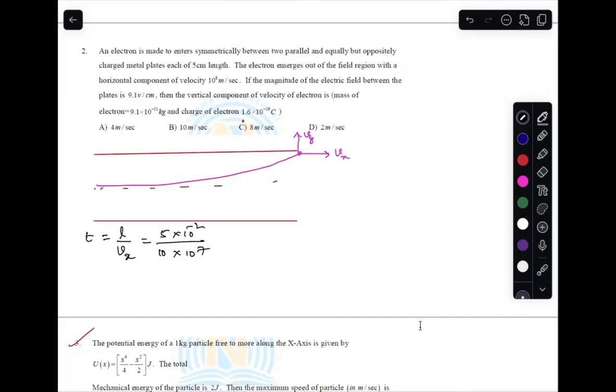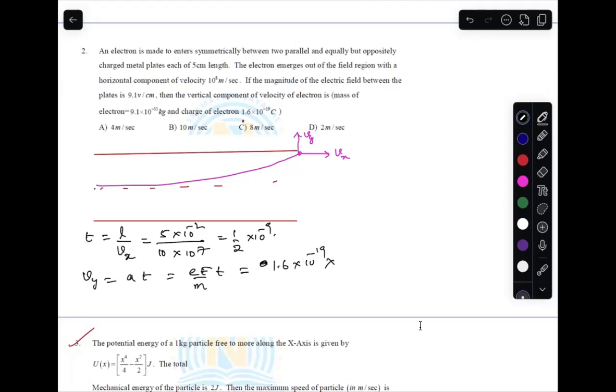As per the given data, this will become 1 by 2 into 10 power 9. Just keep it like that. The next part, Vy is what you want. Vy is AT. A is eE by m, so eE by m into T. e means 1.6 into 10 power minus 19.